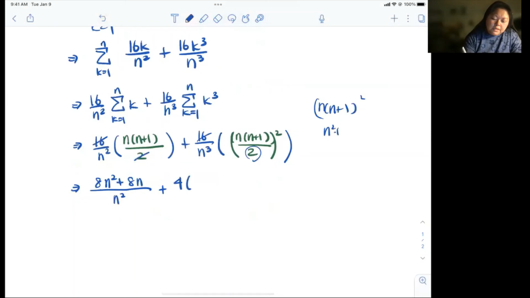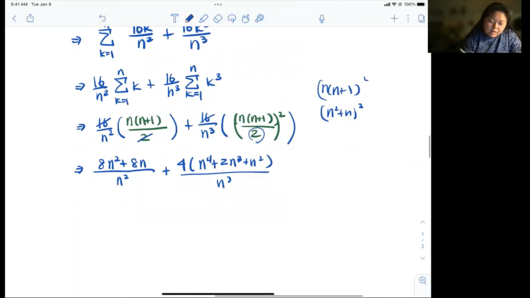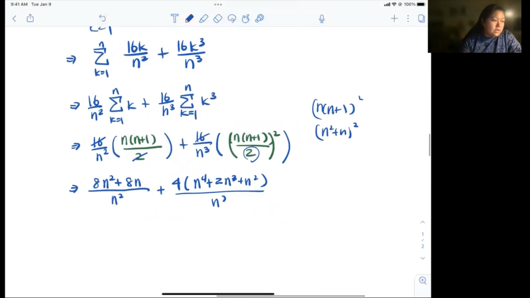That's n squared plus n squared. That's n to the 4 plus 2n cubed plus n squared all over n cubed. Right? So now, hold on a second. I think I'm missing something. What did I miss? Give me a moment here.